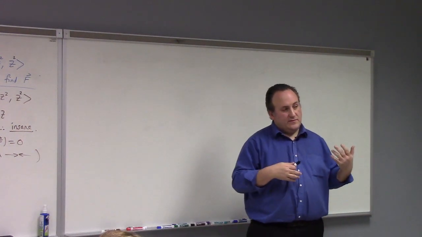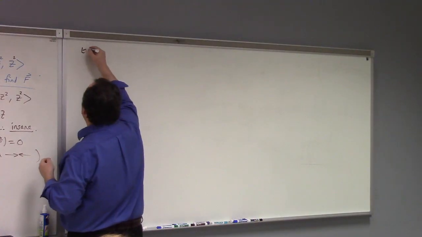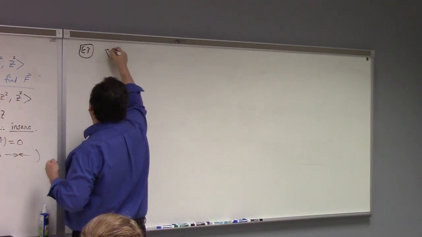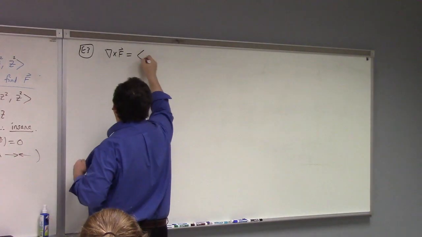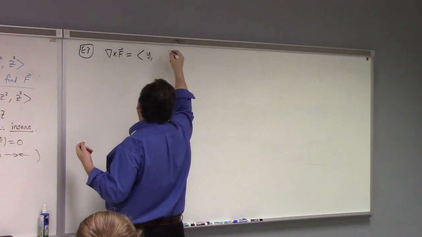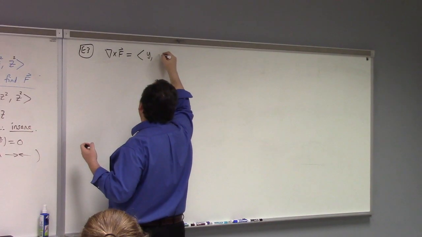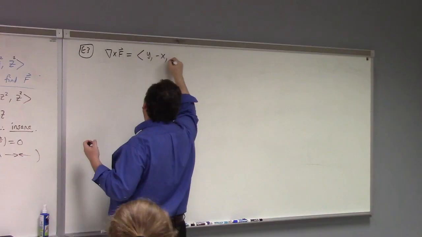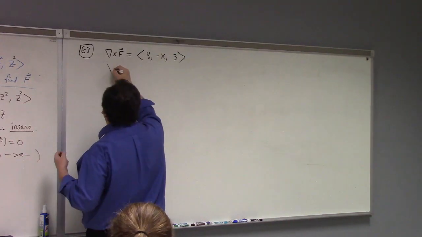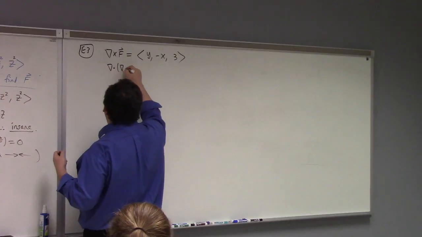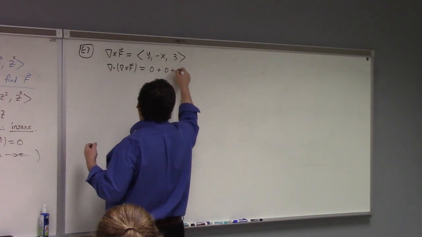And so what we're going to try to do is example 3. Suppose we're given that the curl of F is equal to, I don't know, y minus x and 3. Then, as you can see, the divergence of this is 0 plus 0 plus 0, which is 0.